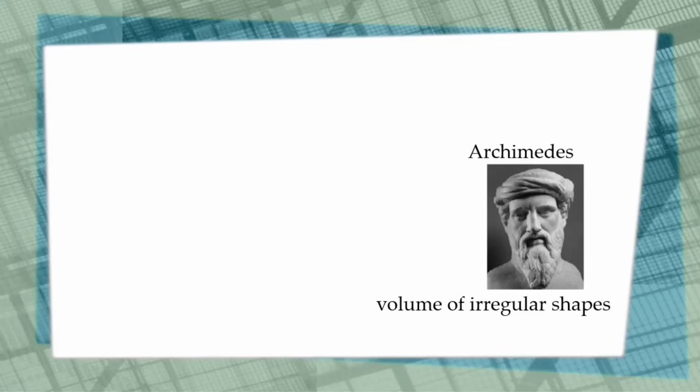Hindi naman siya cube, hindi naman siya perfect na pyramid or sphere. So, nag-isip si Archimedes paano niya i-measure yung volume na yun. So, discovered yung displacement principle. Yung amount ng water na ma-displace, yun yung equivalent doon sa volume. So, yan si Archimedes.